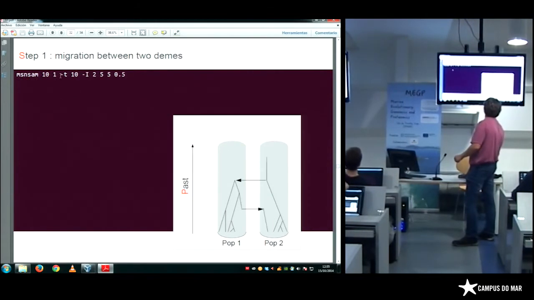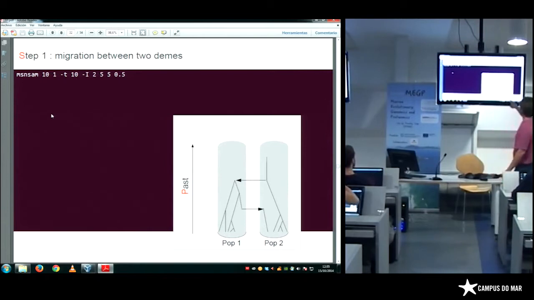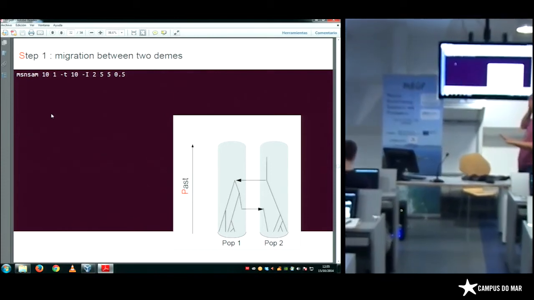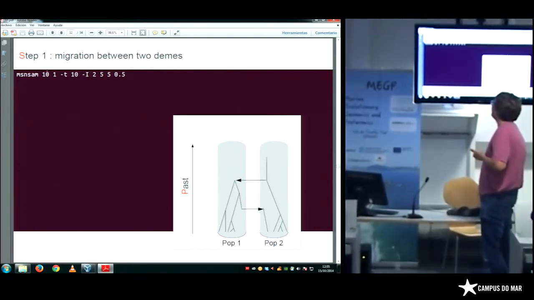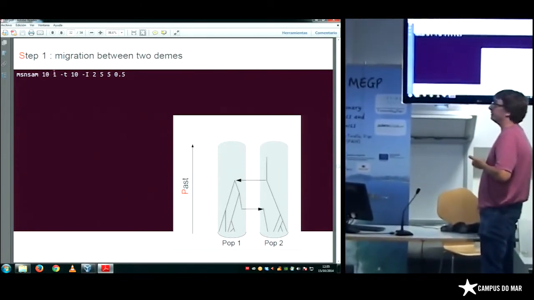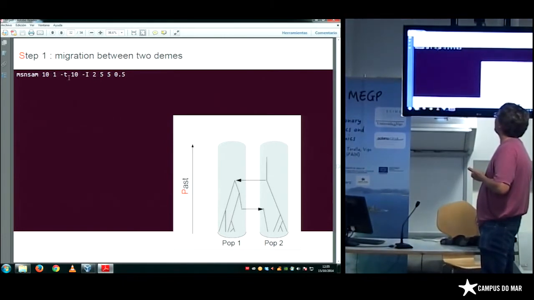So in this second simulation, we simulate 2 populations with gene flow, but no divergence time. It's the equilibrium model, migration drift equilibrium. So once again, we simulate 10 sequences, 1 time, with a theta of 10.